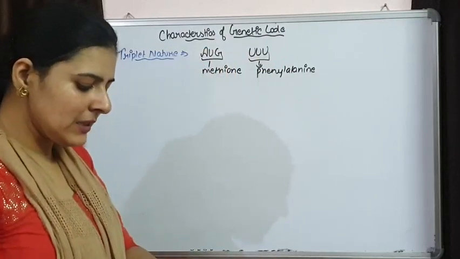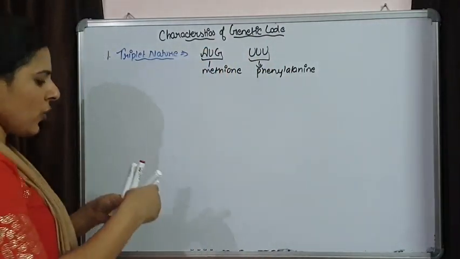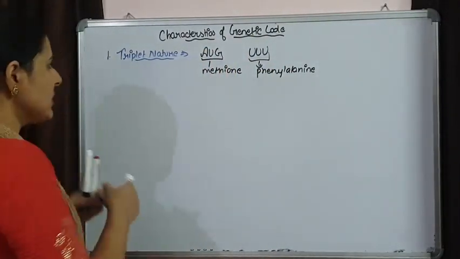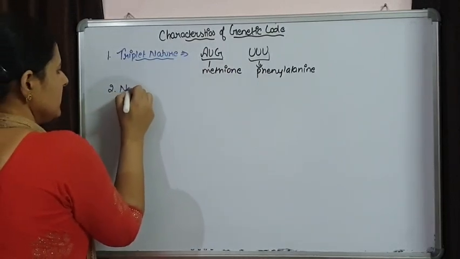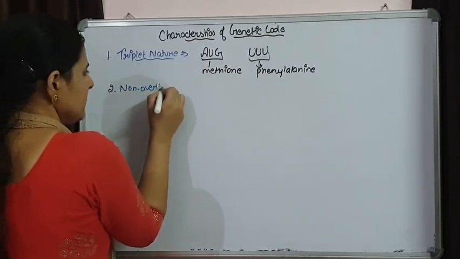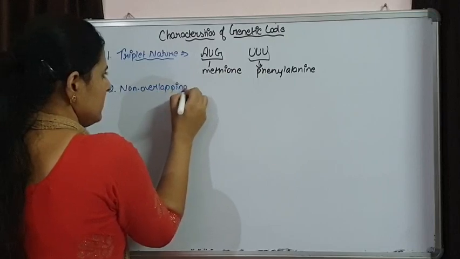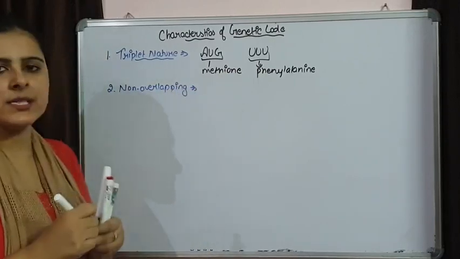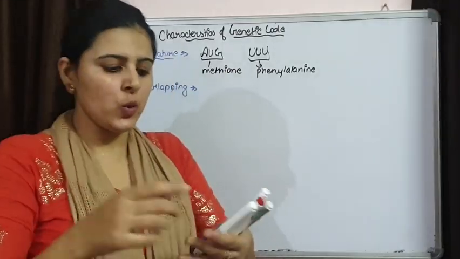Now another characteristic is that this genetic code is not overlapping. So it is non-overlapping. What do we understand by this second property, non-overlapping?